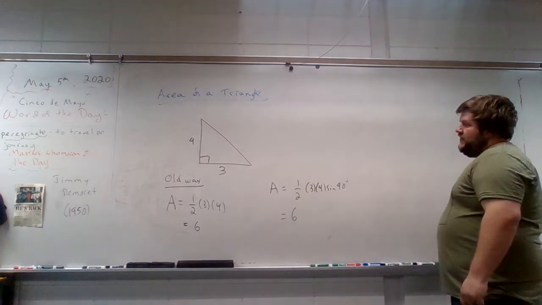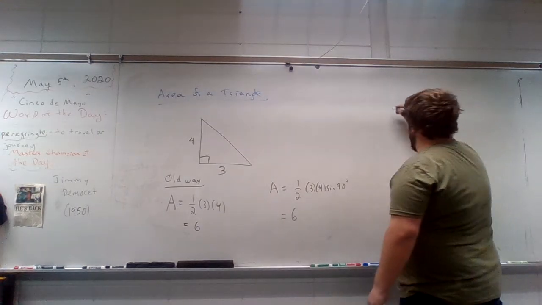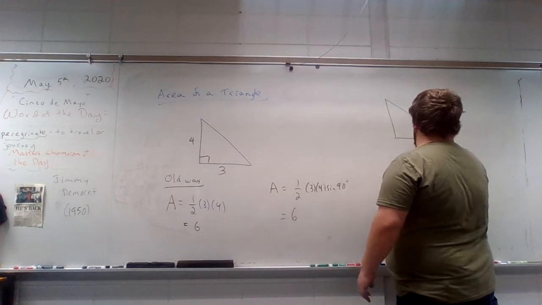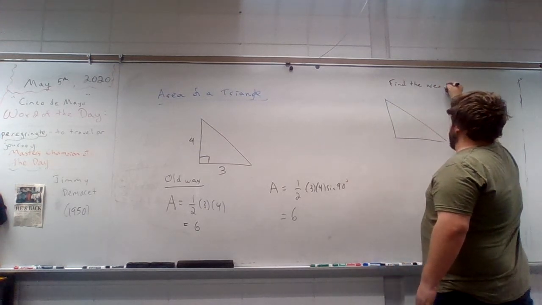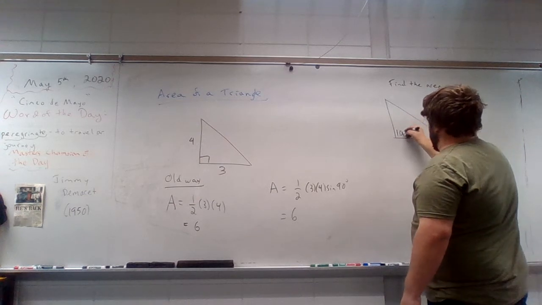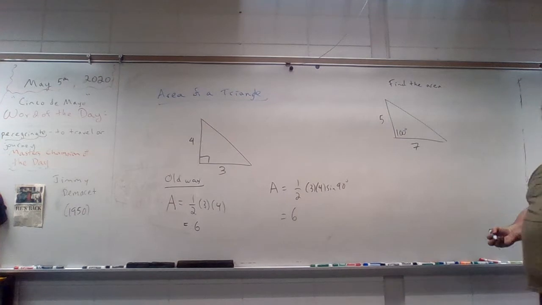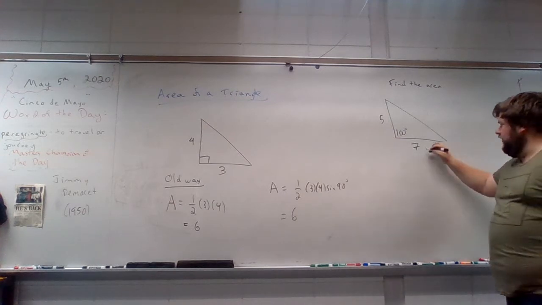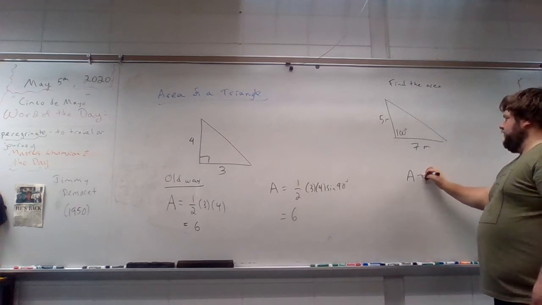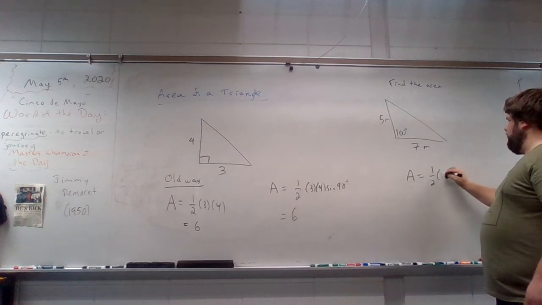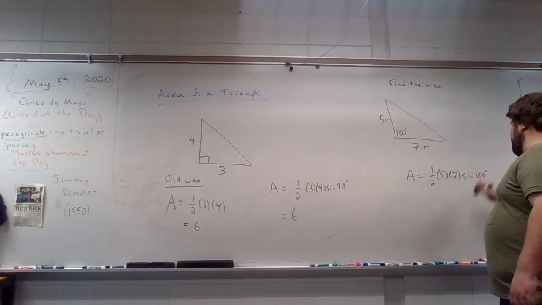Now, here, it's easier to do the old way, right? But what about if I had one like this, and I said find the area, and let's round this to the nearest tenth, and let's say I had 100 degrees, and this was, say, 5, and this was 7. And let's say they're meters. So what's our area? It's 1/2 times 5 times 7, and then times the sine of that 100-degree angle.